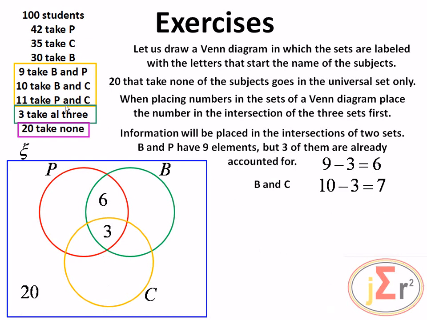We have 10 take botany and chemistry. But we have 3 accounted for already. So the number that will go in this region that represents botany and chemistry only will be 10 minus 3 equals 7. Botany and physics.